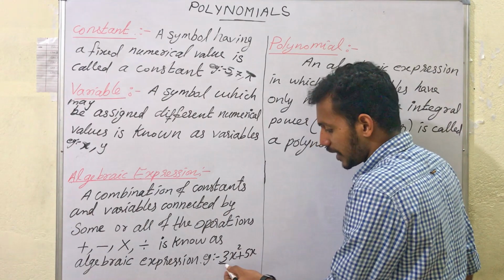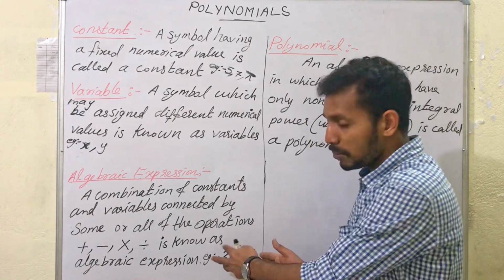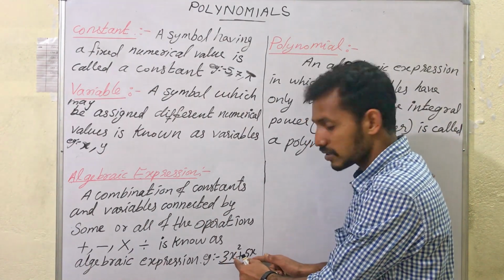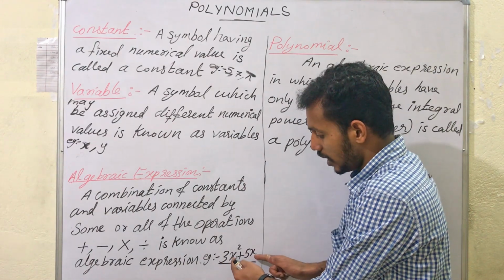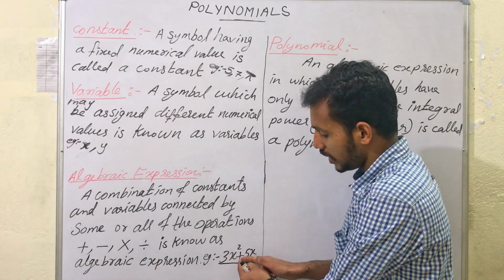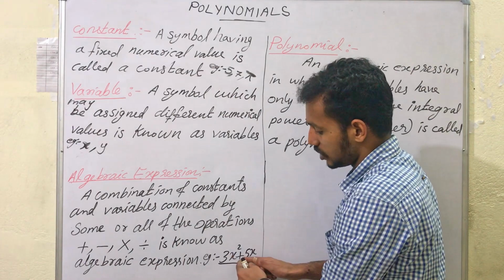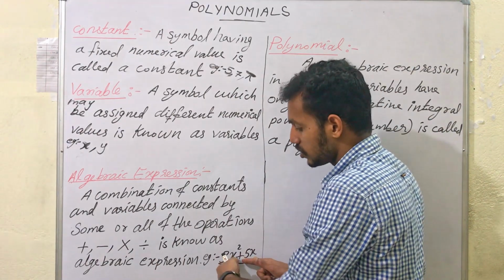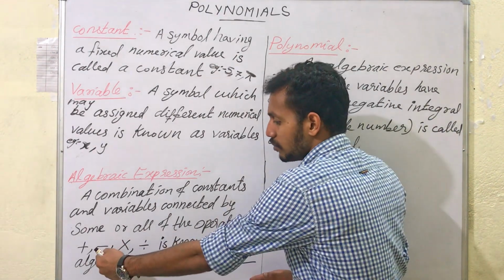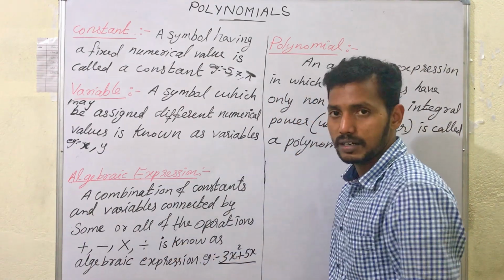This is an algebraic expression because it is a combination of constants and variables. Two constants are there and one variable is there, connected by the operation addition. Not necessarily addition, it can be subtraction, multiplication or division.